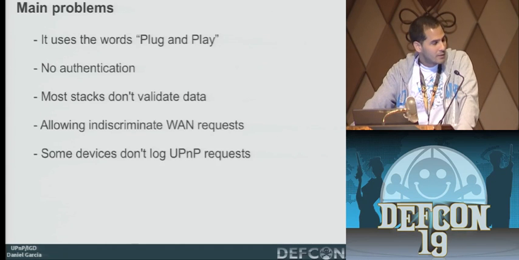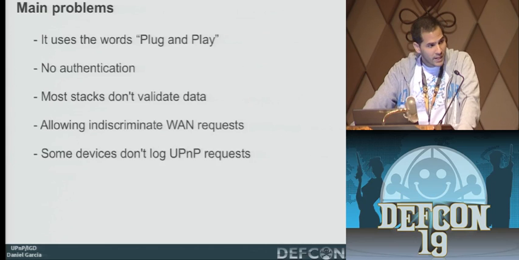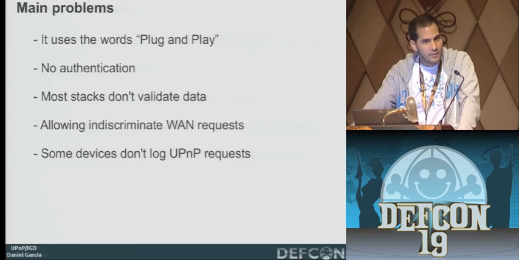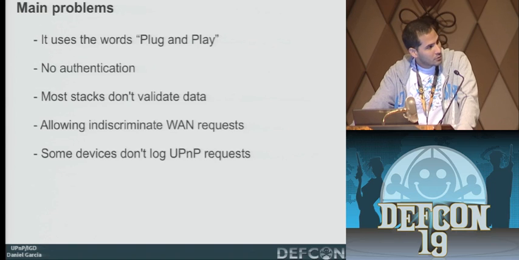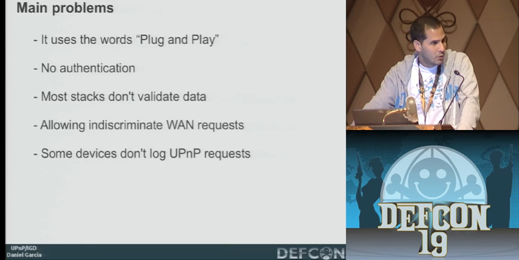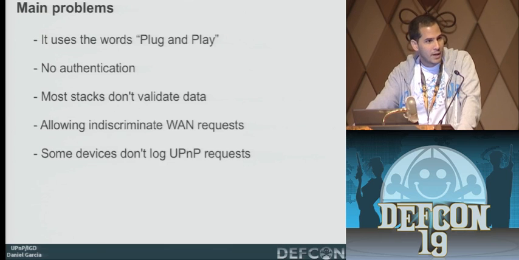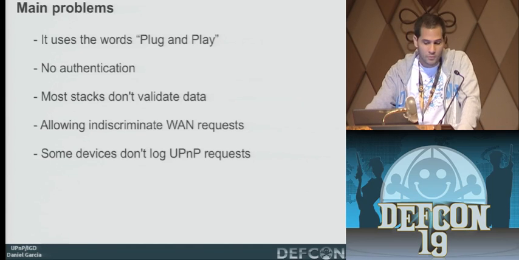In this case, a lot of stacks do not check if the internal IP is actually on the LAN. What that allows us is to put any IP that we want in that port mapping. So if I want to add a port mapping on the device pointing to an Amazon IP at port 80, it's doable in most devices, which is also a little bit weird.